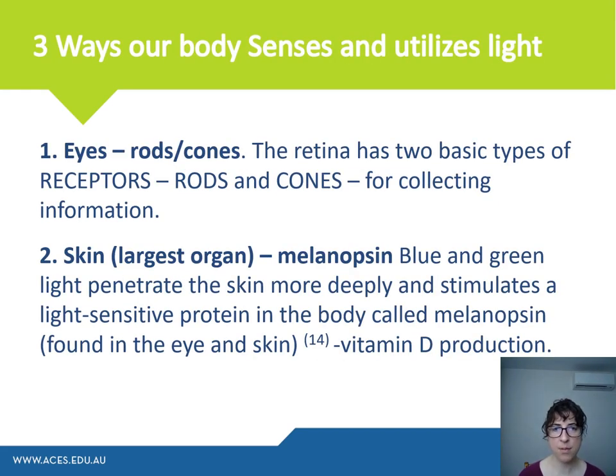So 3 ways that our body senses and uses light. That's through our eyes, through the rods and cones. We've got the receptors there to collect information, which we know.